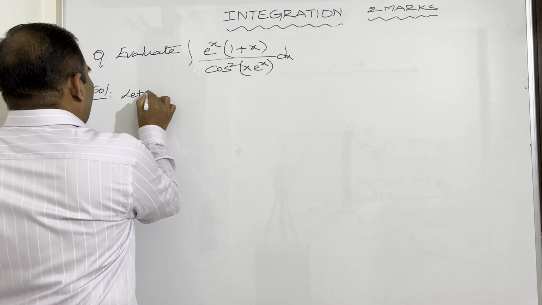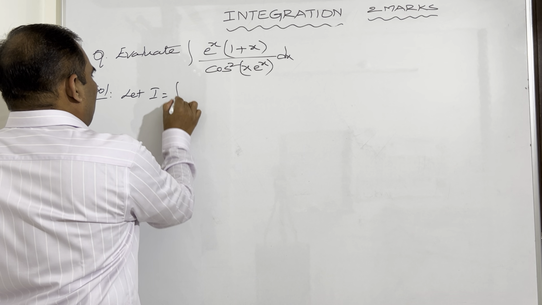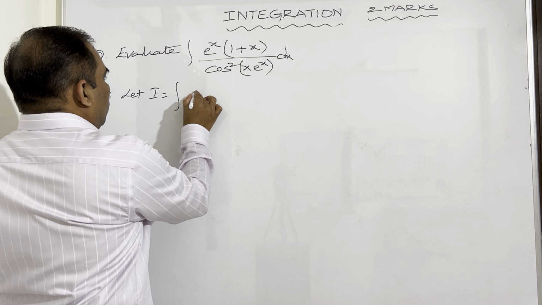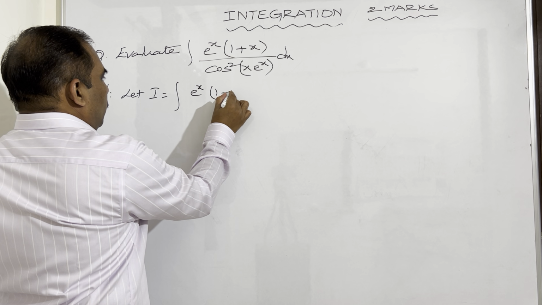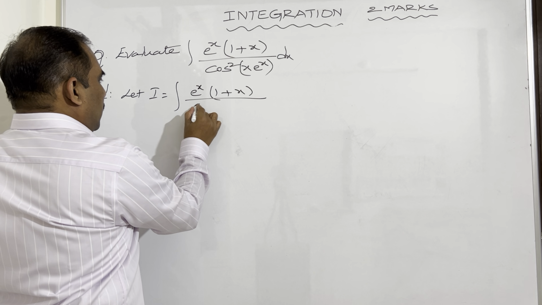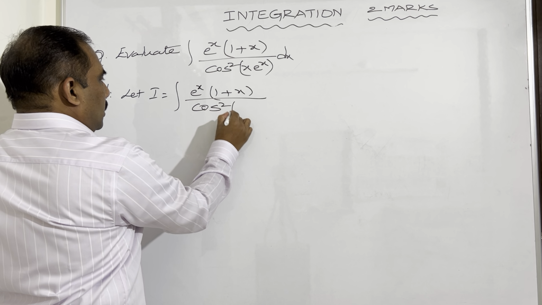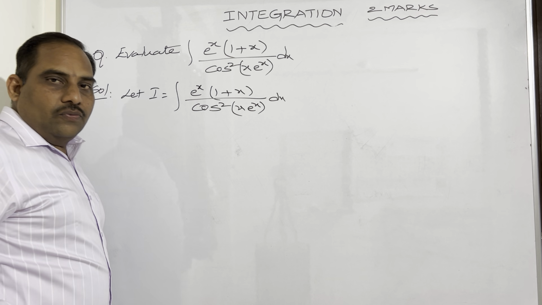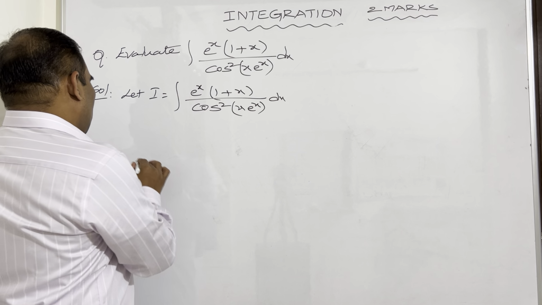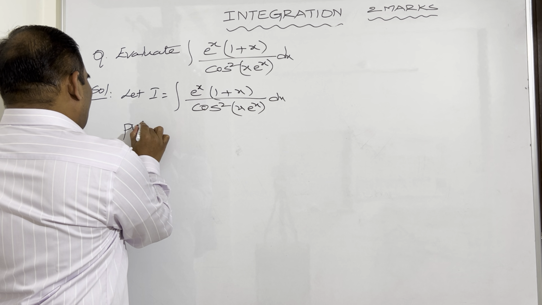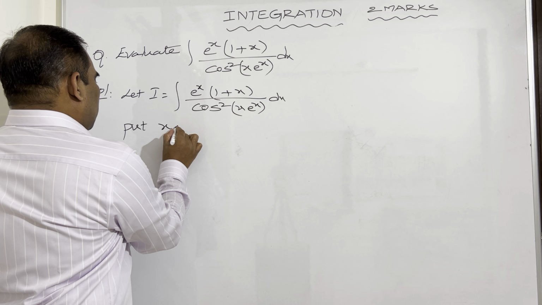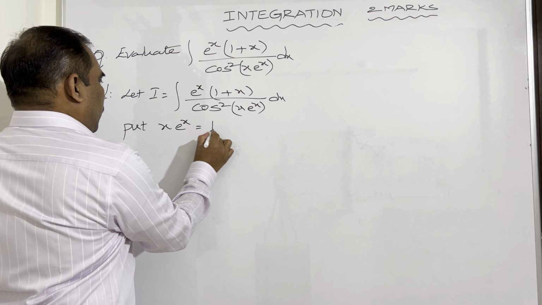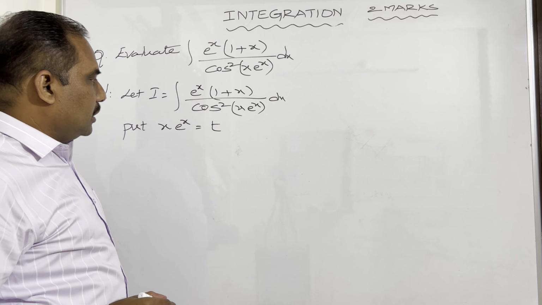Now to find the integral of this function, let I = integral of e^x (1 + x) / cos²(x e^x) dx. What I am doing is taking x e^x equal to a substitution t.